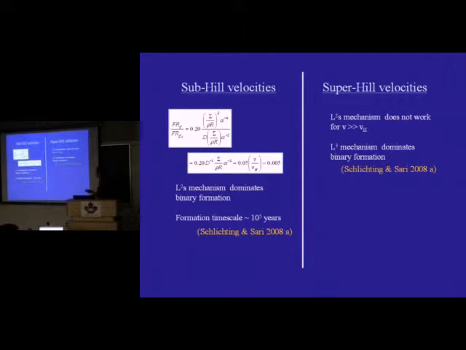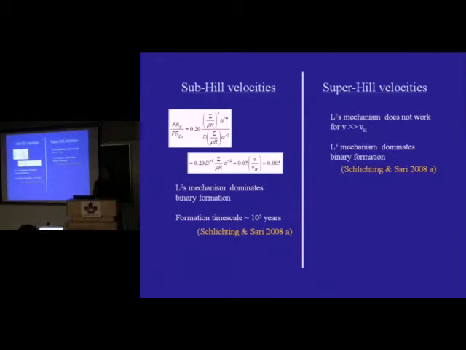And you can show that this coefficient can be replaced, because the velocity dispersion of the large bodies is damped by the dynamical friction experienced from the small bodies. You can show that all it depends on is the velocity dispersion of the large bodies times a small number. So as long as the velocity dispersion of the large bodies is less than the Hill velocity, forming binaries by dynamical friction will be the more efficient way.